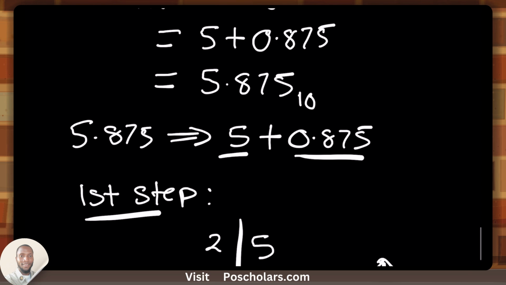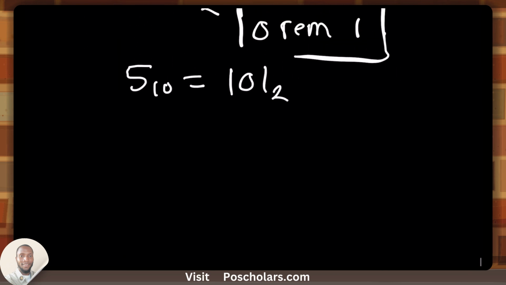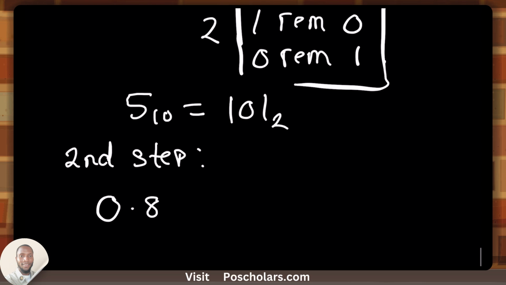The next step now is to convert this one to base 2. So 0 point, second step, I want to convert 0.875 base 10 to base 2. Now what do we do?